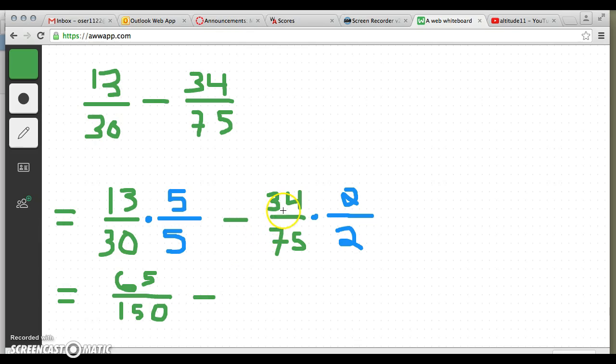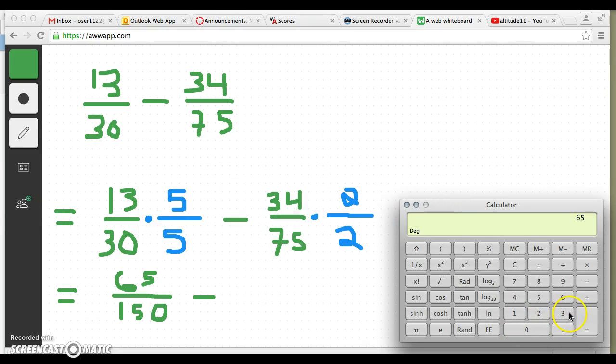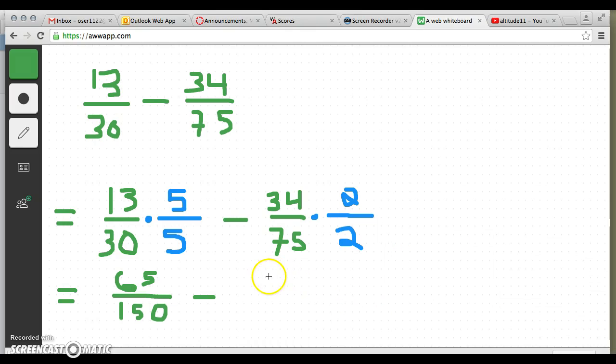Minus. Now we're going to multiply the second fraction, numerator times numerator: 34 times 2, that is 68.